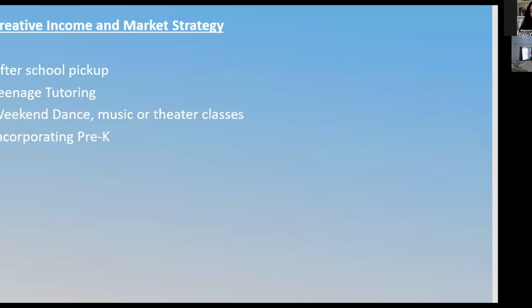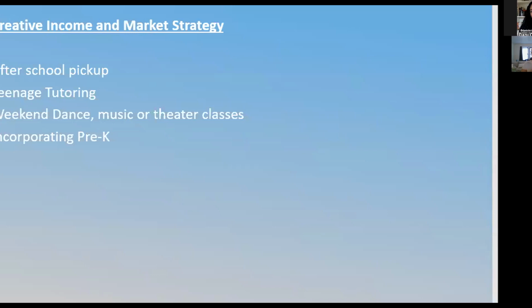Those are things you can use as a market strategy, and you need to know the demand and supply in the area. You need to know more or less, how much will people pay? Is it worth it? I had a client who has after school pickup, but she has multiple daycares in the same Manhattan area.